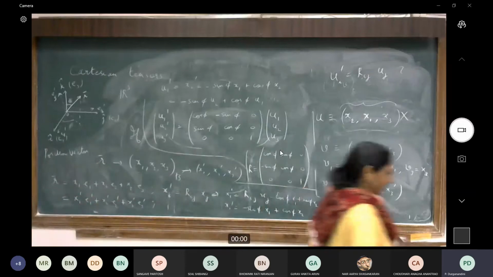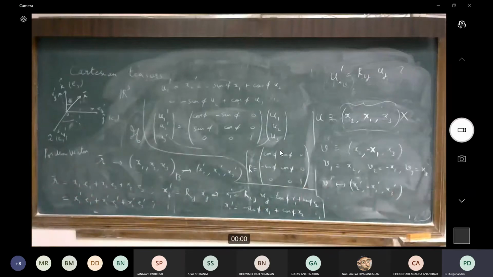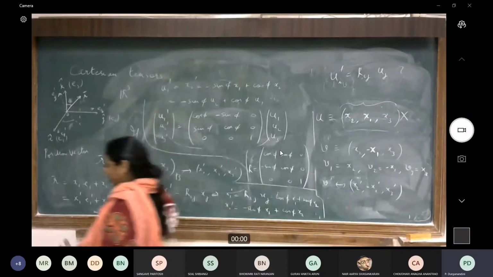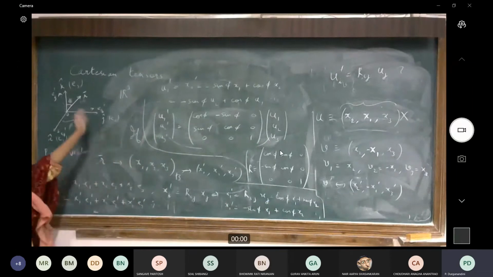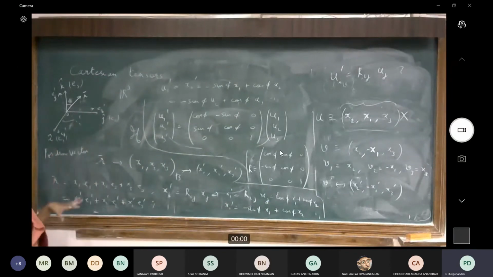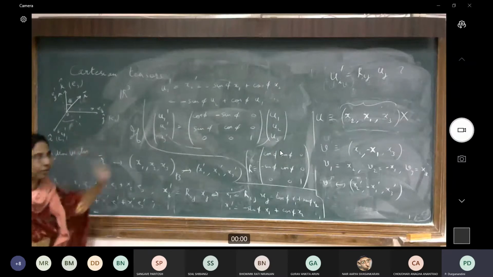So the purpose of this whole exercise is to tell you that this is not completely trivial. You might think, okay, what is so great about it? We know that x1, x2, x3 transform, so any three quantities constitute a vector, but that is wrong. I cannot have any arbitrary three quantities, and if I just put them together, they will not transform like the three components of a vector, the way we want.